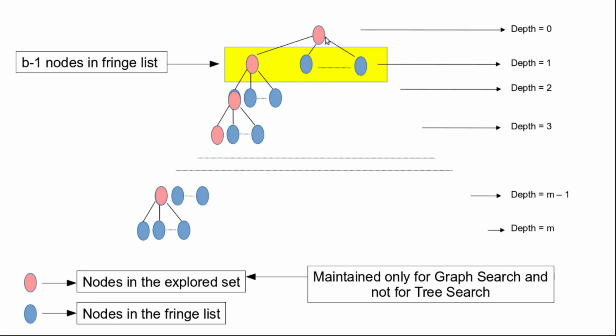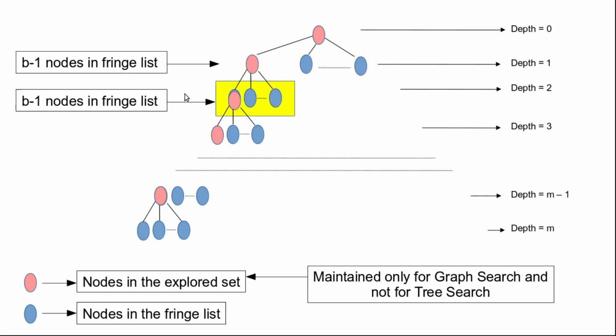So this root node has b successors, and out of that one has been explored. So the remaining b-1 nodes from depth 1 would be present in the fringe list. From depth 2, again we will have b-1 nodes in the fringe list.